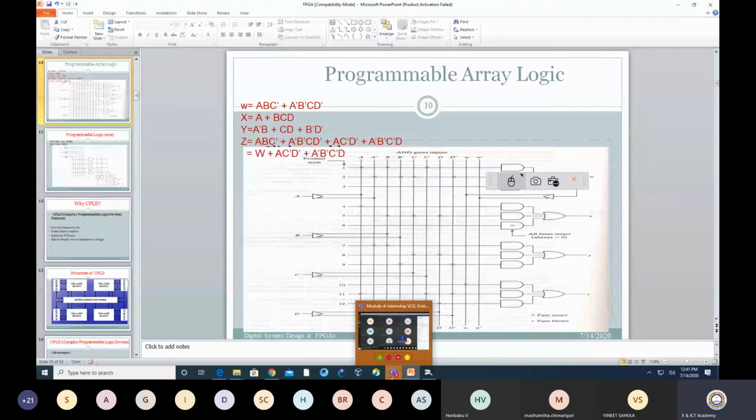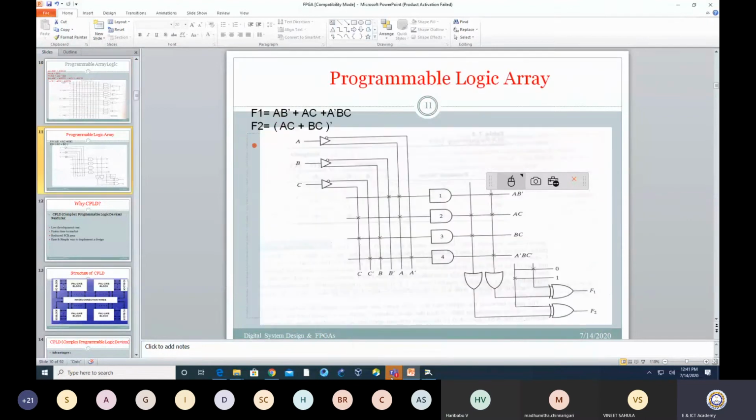So if you observe in the next slide, see here F2. If I consider the F2 function, then F2 is in POS form, because it is (AB + BC)' whole complemented. If I open up this bracket and apply De Morgan's law, then it is probably (A' + C') times (B' + C').